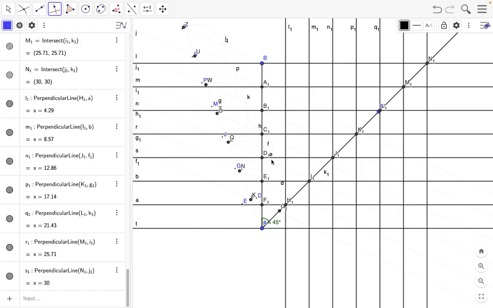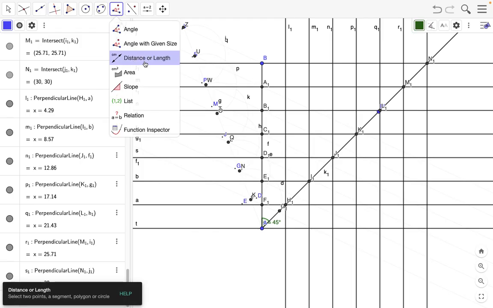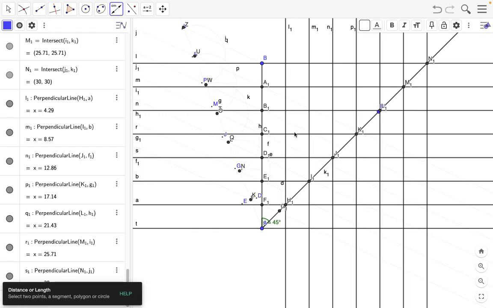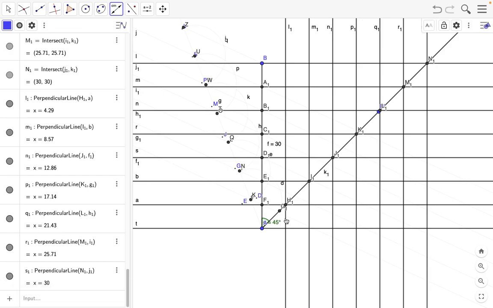So we can see that we have got 7 squares along the vertical direction as well as 7 squares along the horizontal direction. You can check the lengths. So we can check the lengths, they are the same. So distance or length we can check.